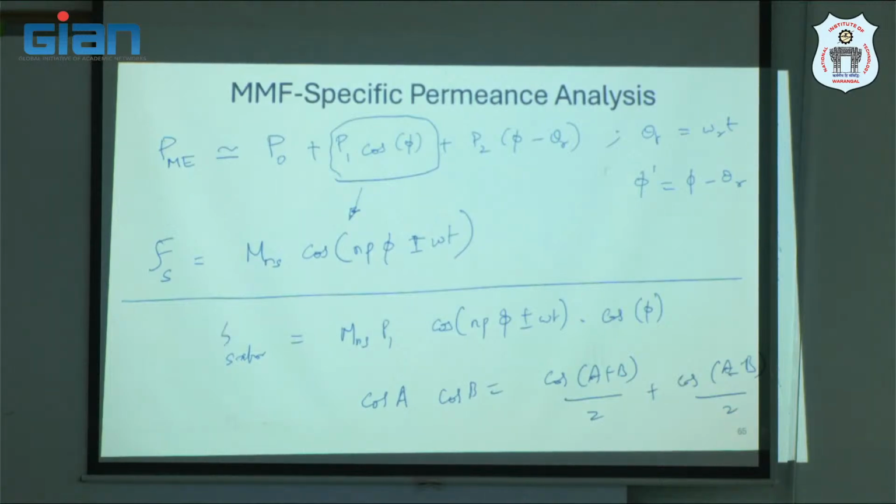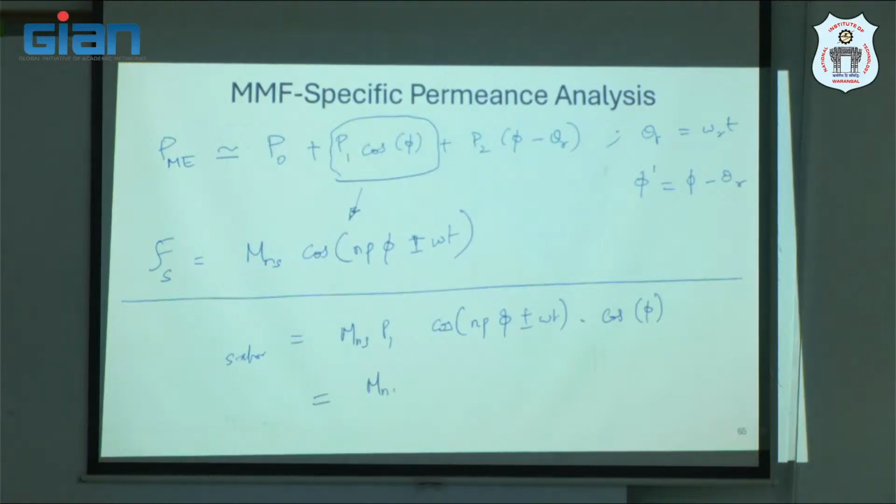So the flux produced in the air gap due to MMF interacting with only the static eccentricity permeance function will have two terms. I will give you a moment. Try to solve for that and write me the expression.